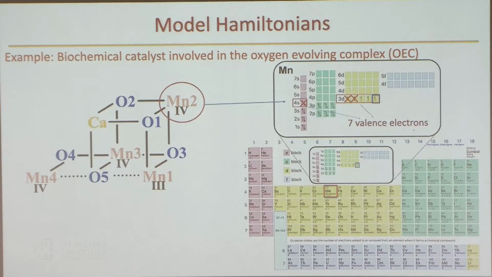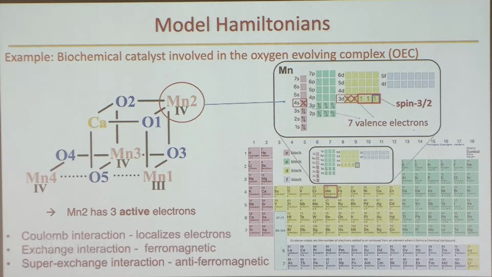And so the remaining 3 or 4 effectively act like a spin 3/2. So in this particular case we have three spin 3/2 and one spin 2. And if they would all ferromagnetically interact, then this would be easy.